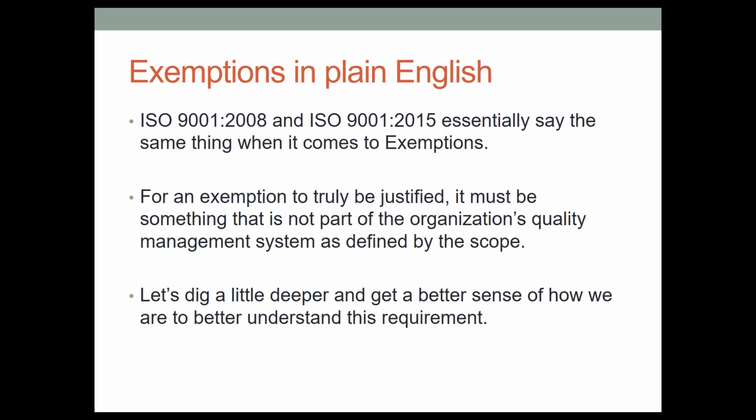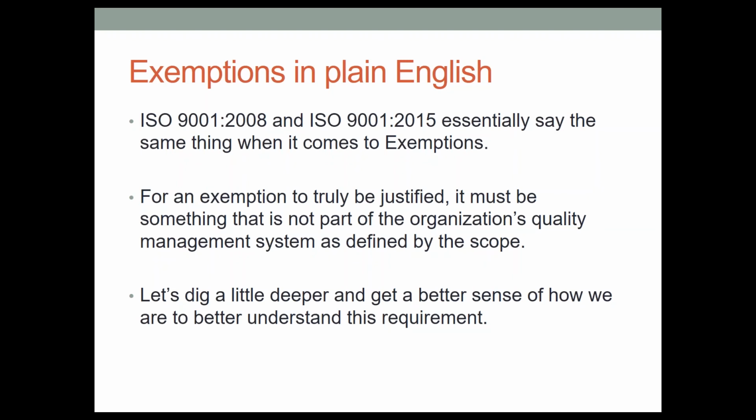ISO 9001:2008 and ISO 9001:2015 both essentially say the same thing when it comes to exemptions. For an exemption to be truly justified, it must be something that is not part of the organization's quality management system as defined by the scope.